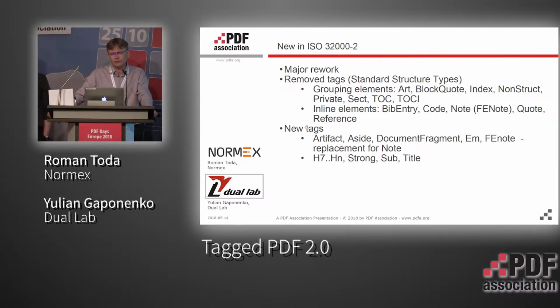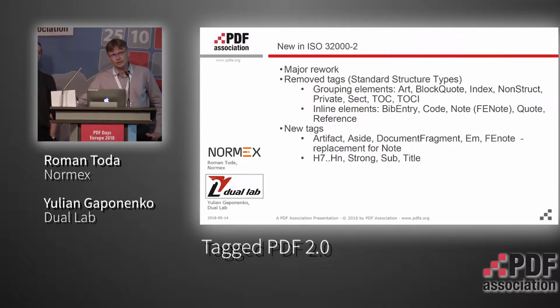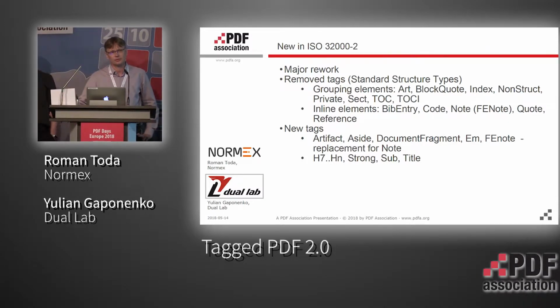We see a lot of rewritten chapters, a lot of chapters that are new, a lot of new language, and all of that is aimed to fix all the problems that 1.7 does have in terms of accessibility. But most of the new language is very useful and very helpful when it comes to implementing things like repurposing of the content.